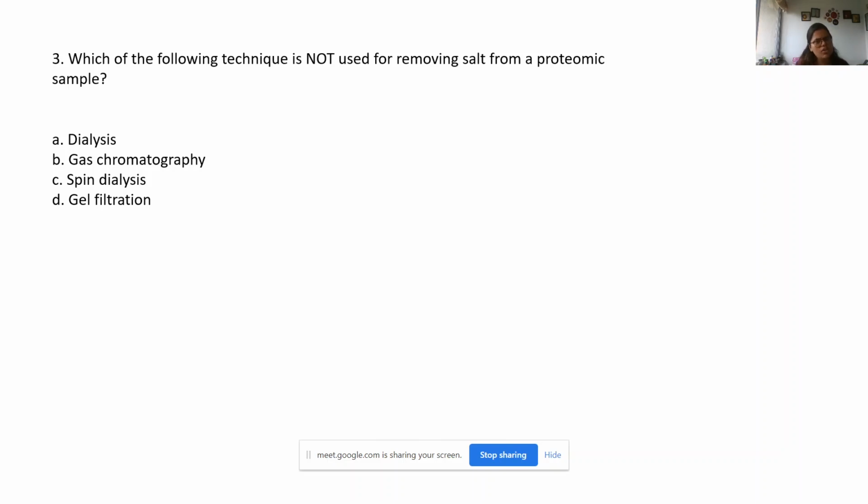Gas chromatography is not used for salt removal. Correct. You use dialysis, spin dialysis, and gel filtration. So, definitely, gas chromatography is the correct answer. You don't use it for salt removal.